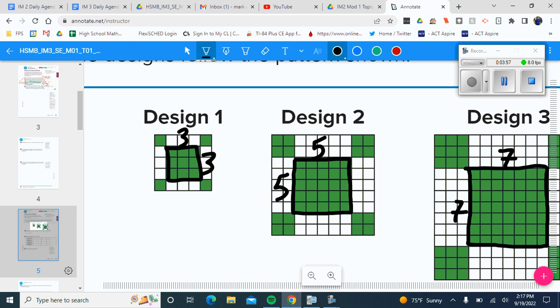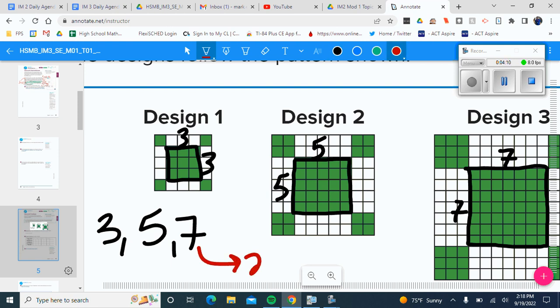So I know that the sequence of the dimensions of the inner box is 3, 5, 7. It goes up by 2, so the equation is going to consist of a 2n on each side of any of these center boxes. But you have to ask yourself the adjusting number.